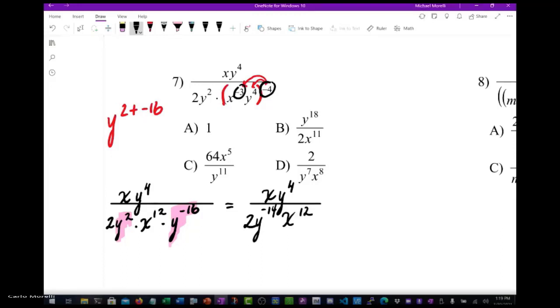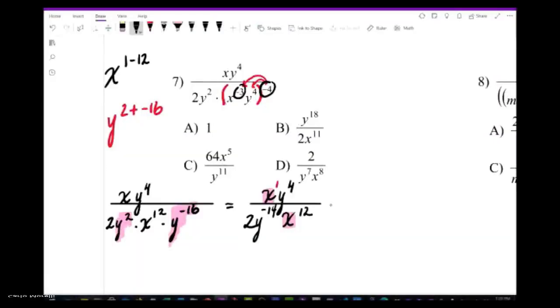Okay, now I'm going to do the quotient rule. I'm going to deal with my x's. I've got x to the 1st on top, and I've got the same base down on the bottom, x to the 12th in the bottom. So I'm going to subtract. What I got to do is x raised to the power of 1 minus 12.